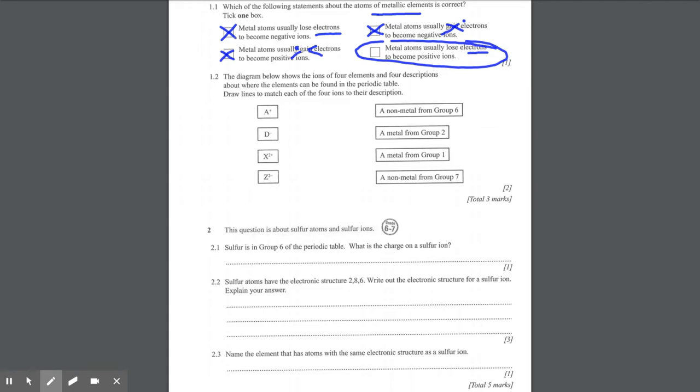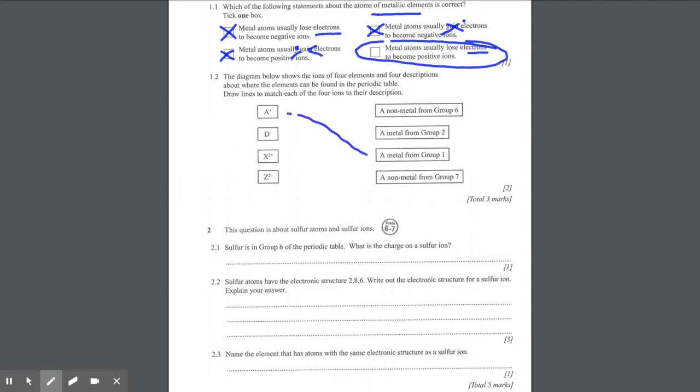So that actually helps us with the next question then, because this is asking us to line up the various charges and magnitudes of charges to the groups and metal, non-metal status. So if we've got A plus in the type of situation with the first question, we know we've got a metal because it's formed a positive ion, but because it's formed a 1 plus ion, it's only lost one electron.